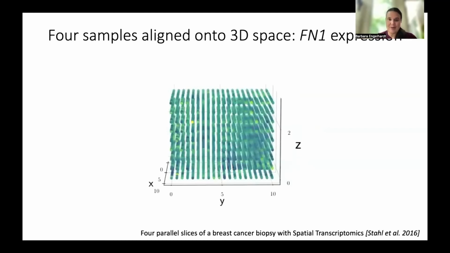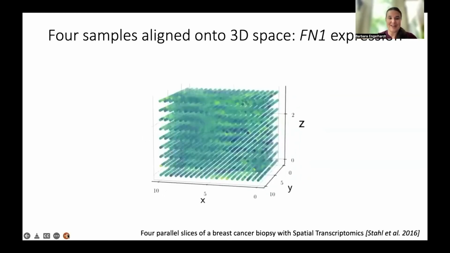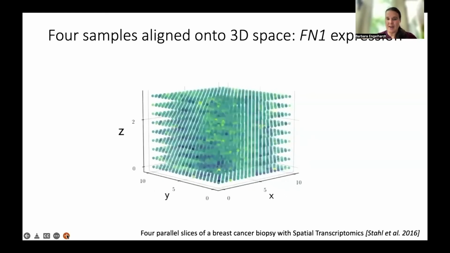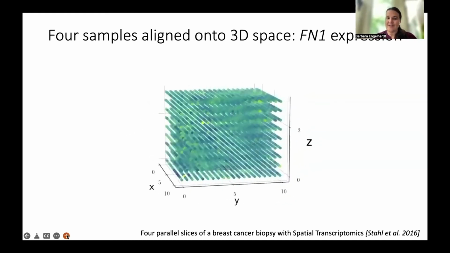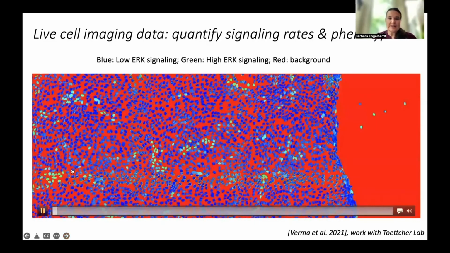Because of this deep Gaussian process, this is what I think of when I think of an atlas. And we're hoping to do this for as many things as possible when we have multiple slices. We're working on pulling together mouse brain and a bunch of other examples with both gene and protein samples.